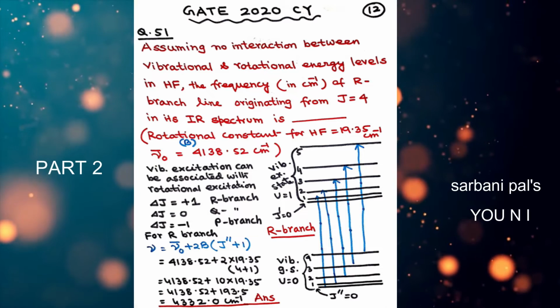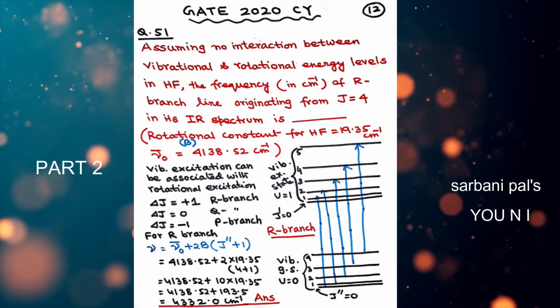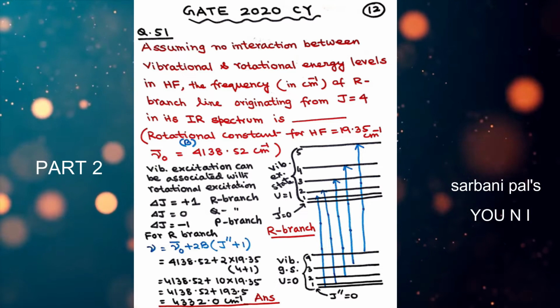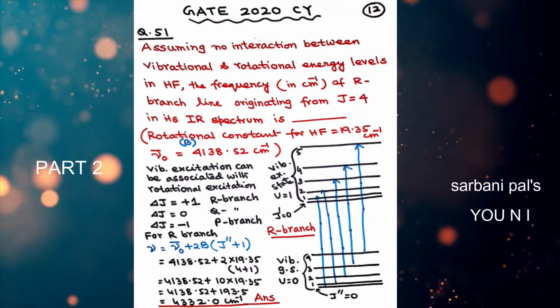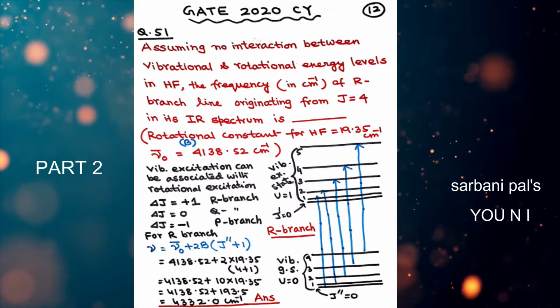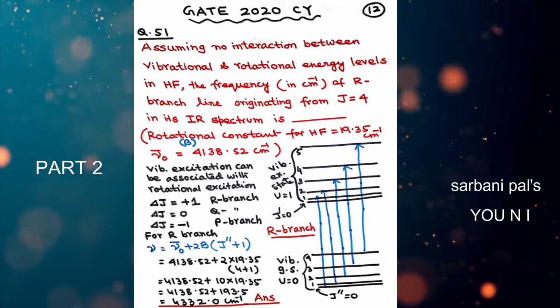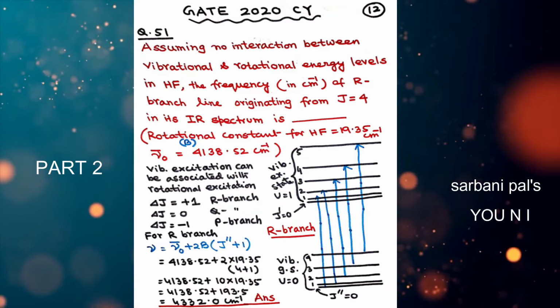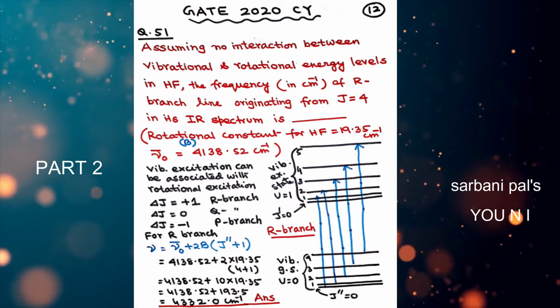Similarly, like this vibrational excitation, if it is accompanied by rotational quantum number change, delta J equal to minus 1, means 1 to 0 transition, 2 to 1 transition, 3 to 2 transition, 4 to 3 transition, etc. That is the origin of the P branch.